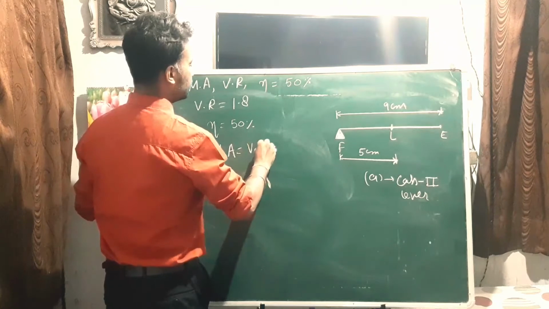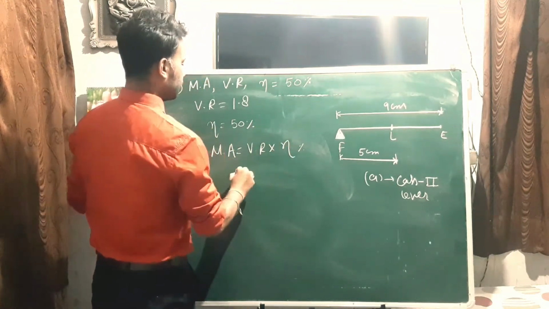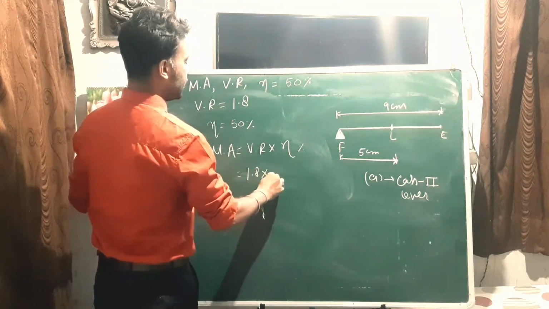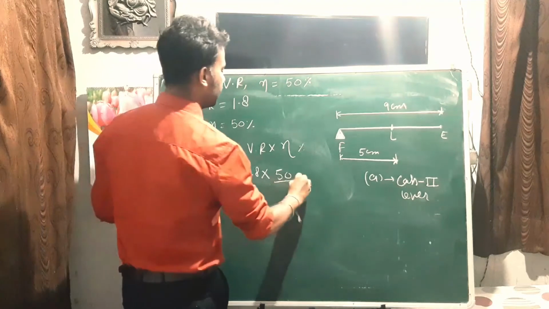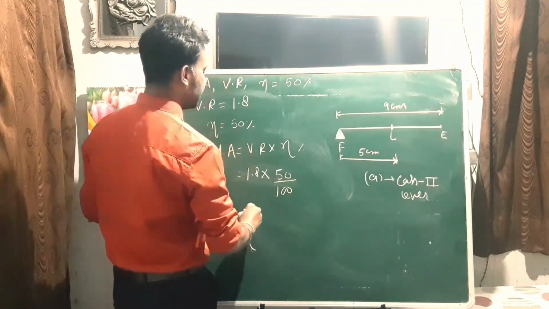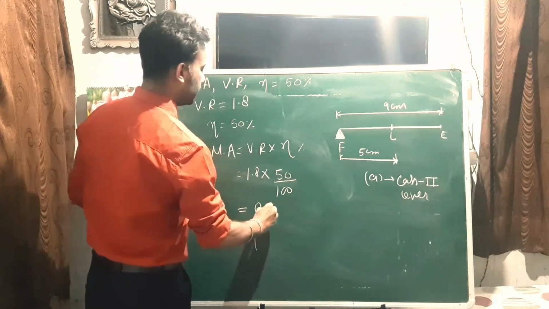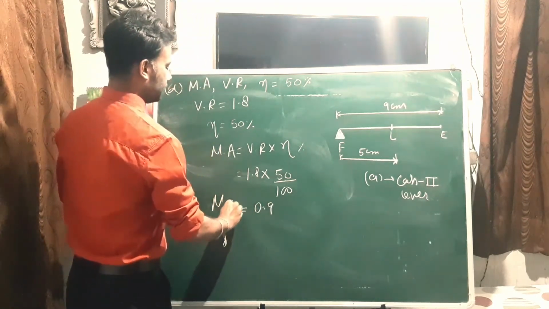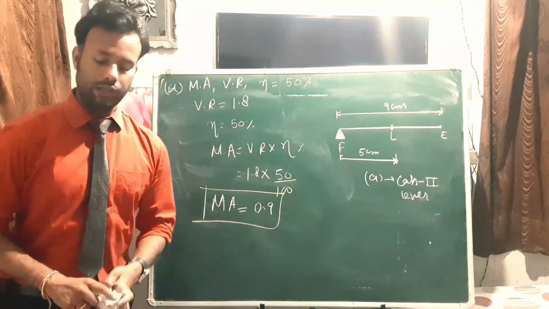That was VR into efficiency percentage. So VR is 1.8 into efficiency 50%, which means 50 upon 100, that is 1 by 2. So when you solve it, you'll get 0.9. So this is your mechanical advantage.